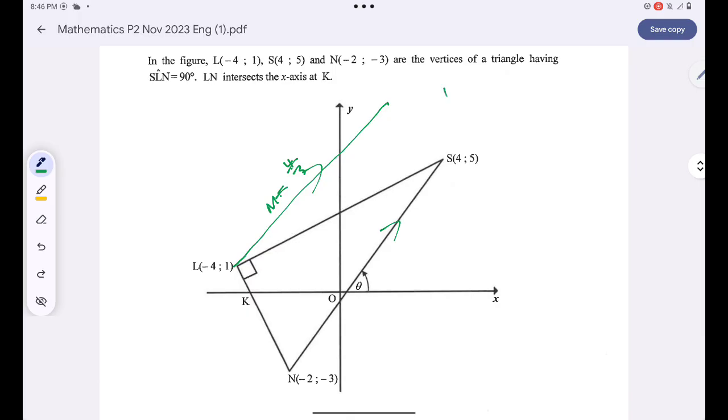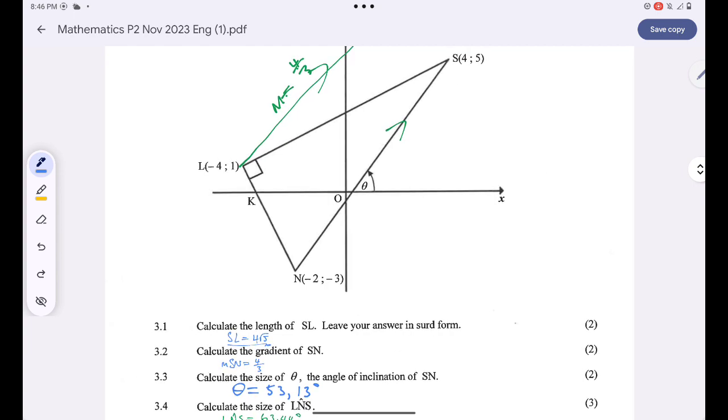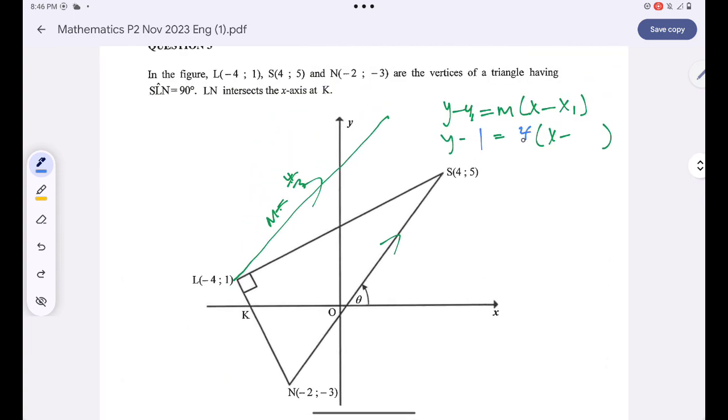So I'll simply say y minus y1 is equal to m(x minus x1). I do have a y1. Okay, let me just use a different color to show that I'm substituting. The y1 is 1, my gradient is 4 over 3, and then my x1 is negative 4.